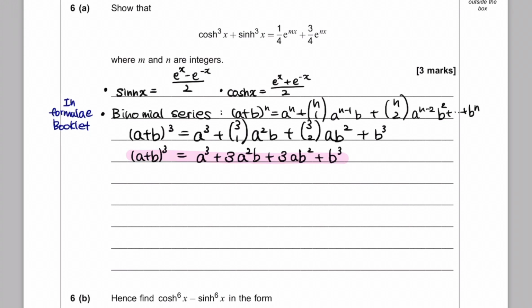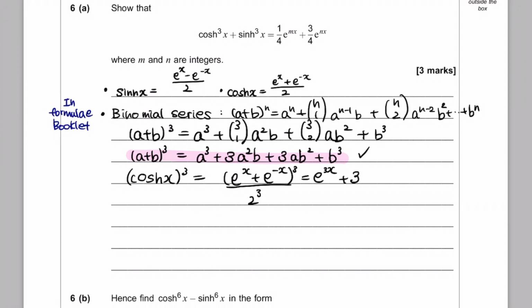So if you want to find the cosh x to the power of 3, then it means e to the x plus e to the minus x, all to the power of 3, and then the denominator becomes 2 to the power of 3 as well. And then the first term, let's substitute into our general form. Then it becomes e to the power of 3x plus 3.